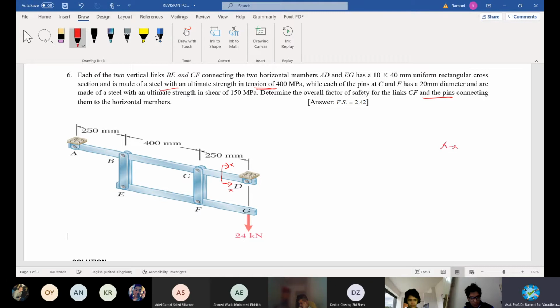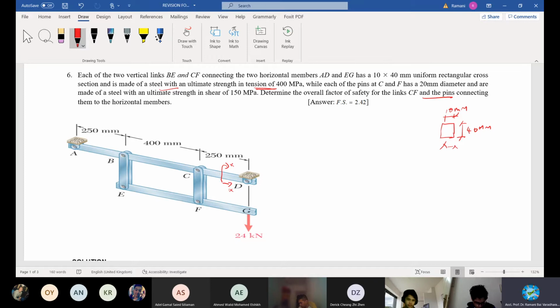Section at XX will be a rectangular one, right? The member cross section is rectangular with a 40 mm depth and 10 mm thickness, perpendicular to the sheet here. You can see 10 mm, 40 mm. You can see very well, right?